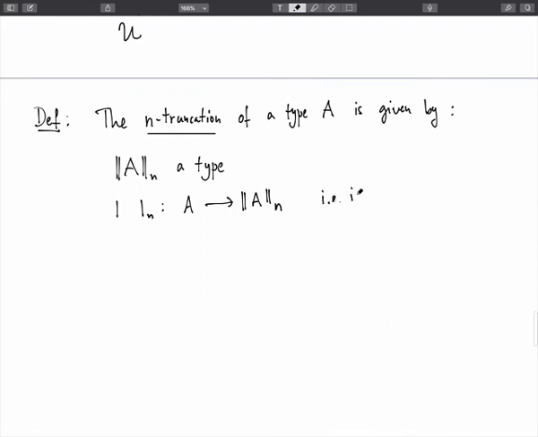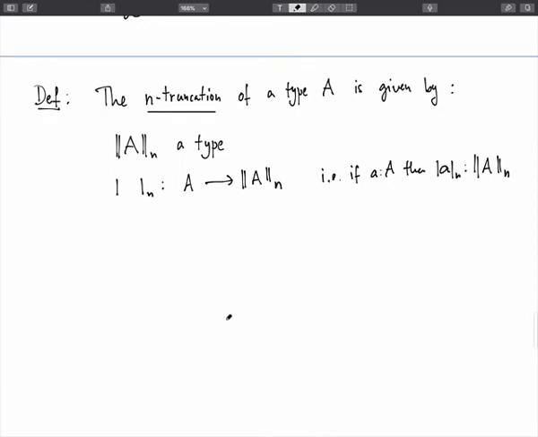I.e., if little a has type A, then this |a|_n has type the truncation of A, like that. You think of this as the inclusion into the completion. There's a second reading which would also help: think of this as some sort of quotient of A, and this is the map from the set A to the quotient.